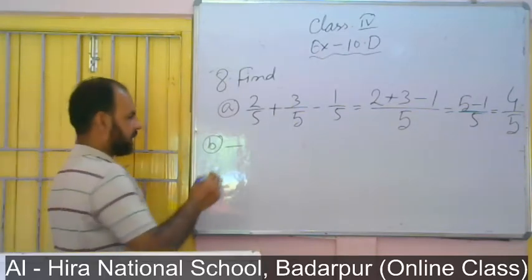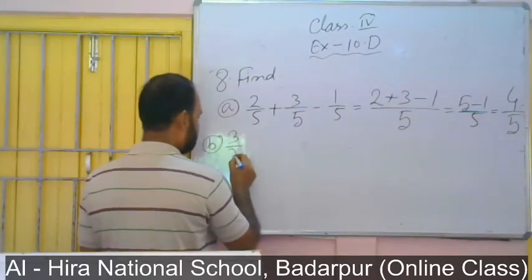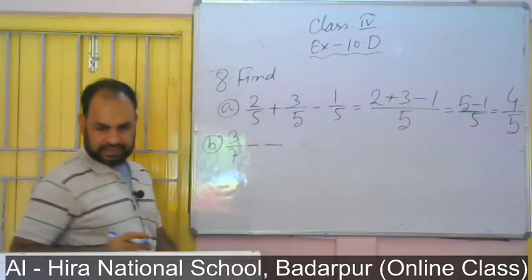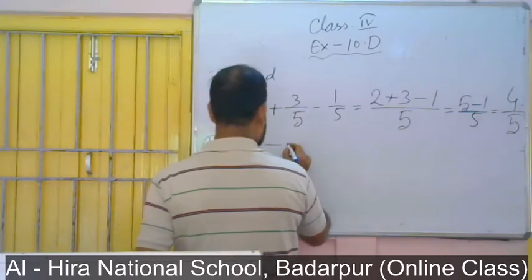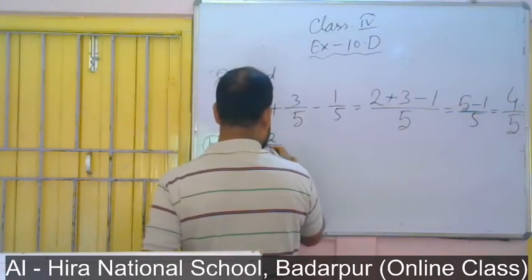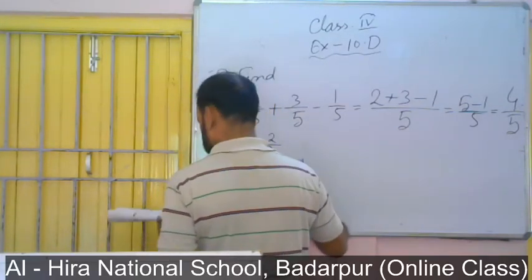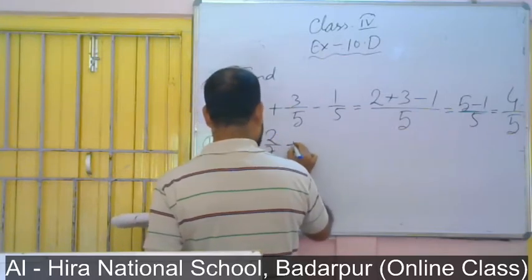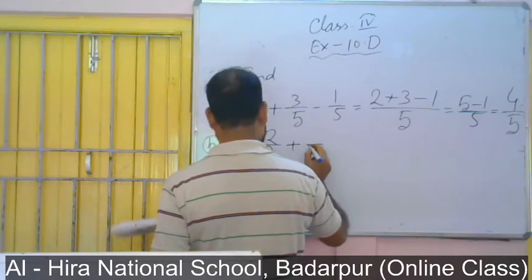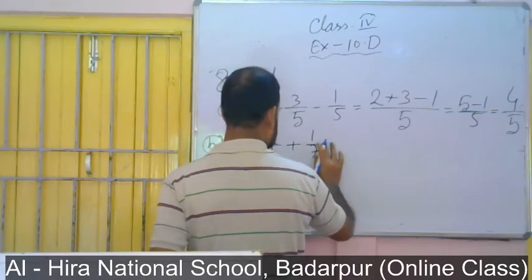Next, question number B: 3 by 7 minus 2 by 7 plus 1 by 7.